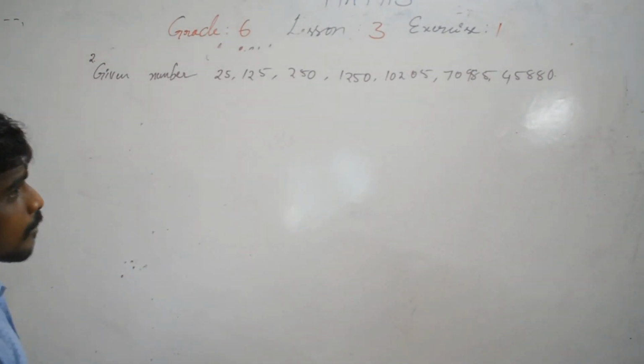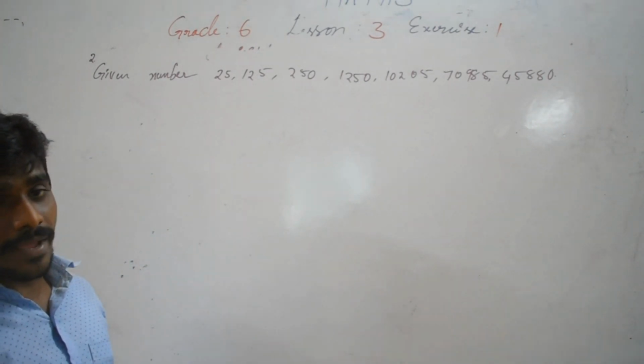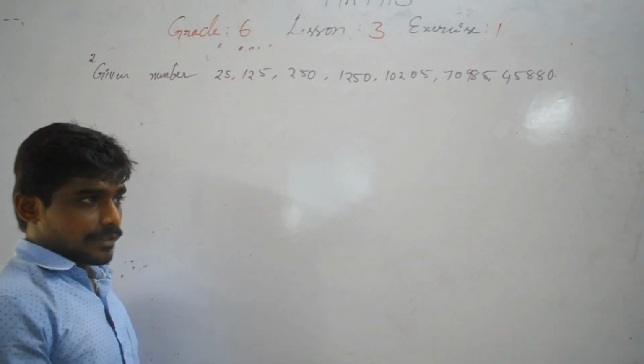How many numbers are divisible by 5? How many are divisible by 10? And how many are divisible by 2, 5, 10?